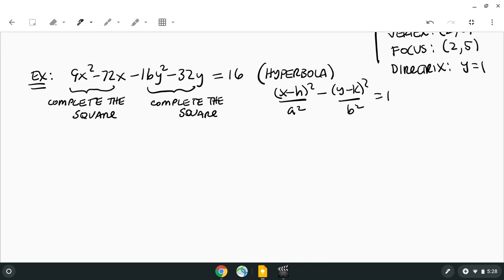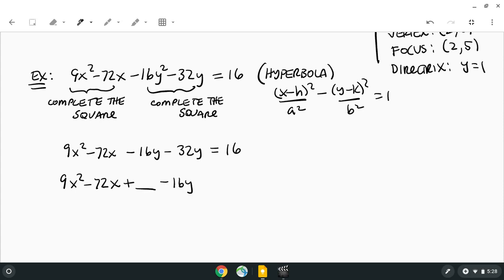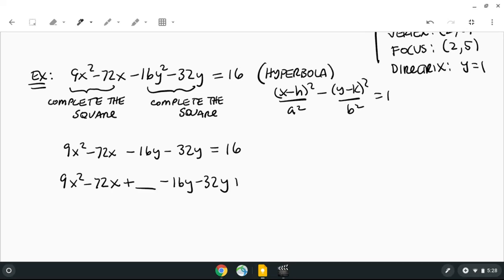All right, so let me bring the equation down here. 9x squared minus 72x minus 16y squared minus 32y equals 16. I need to complete the square here, and I need to complete the square here.